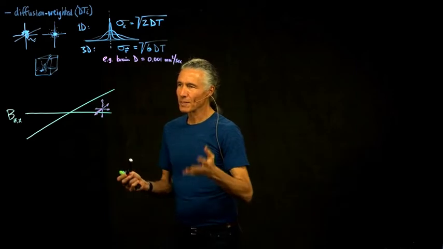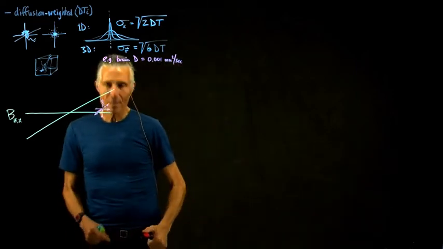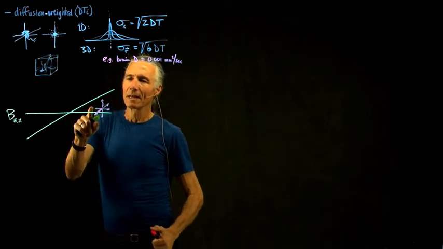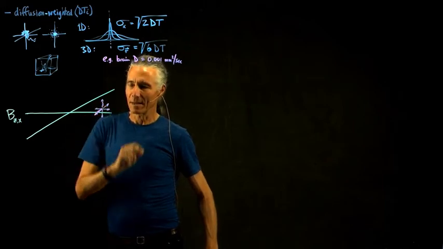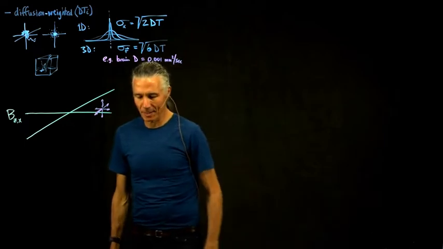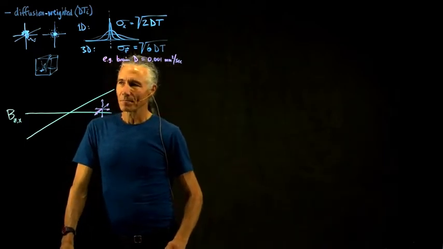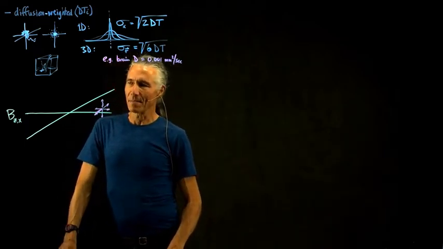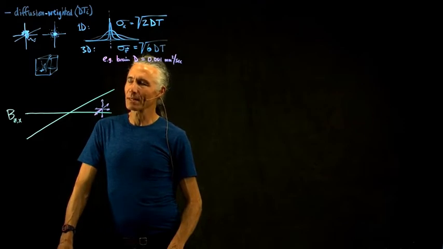Diffusion's always happening. So the way we get diffusion weighting is we first turn on a gradient. Now, what does the gradient do to the spins? We know exactly what the gradient does to the spins. It dephases them. It messes up their phase, gets them out of phase with each other.